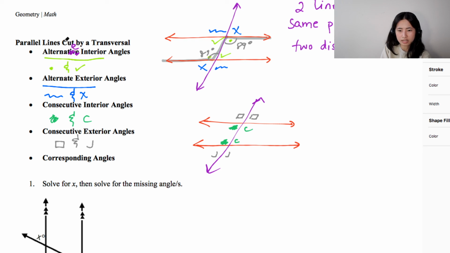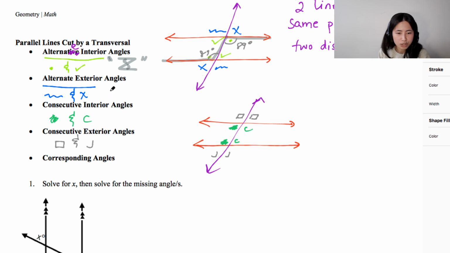So alternate interior angles really form that Z pattern, as I like to call it, right? So depending on which one you're looking at, it could be this over here or it could be this, right? So remember that Z pattern. Okay, so you know that if you're looking for a Z pattern, that means this angle over here and this angle, they're going to be the exact same thing. They're congruent, right? So alternate interior angles are congruent.